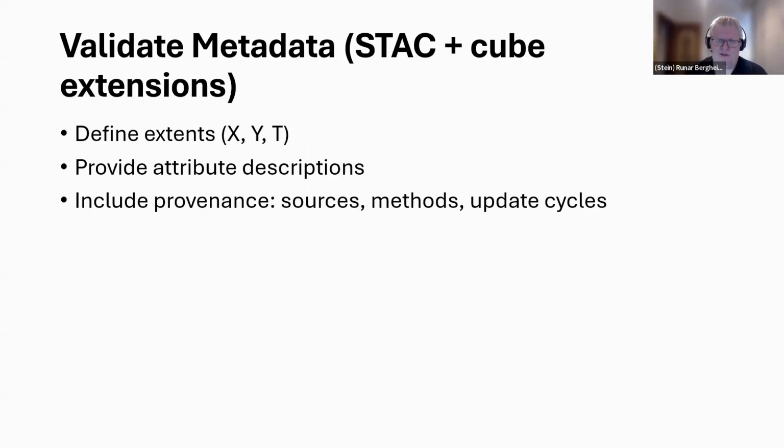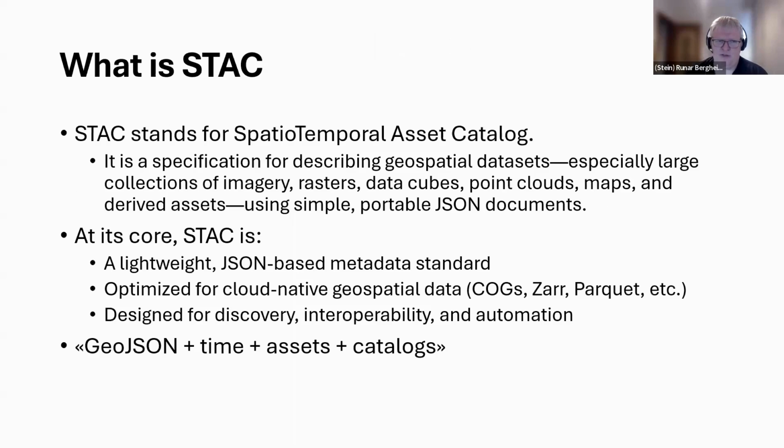Now, having created these grids, then we need to try and write the data cubes to some widely recognized and reusable format. For that purpose, we have something called STAC with some data cube extensions. And they provide us with metadata, and they provide us with enough information that we are able to know how we can use a data cube. That, regrettably, however, introduces the need in our lives to know what STAC is.